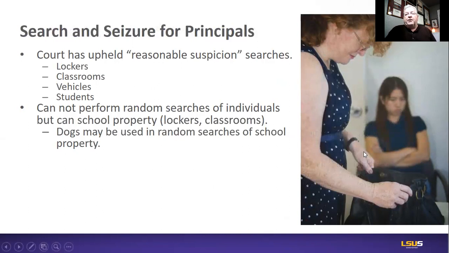Well, school property is things like lockers, classrooms, parking lots. So those things are school property. And so you can perform random searches of those. You cannot perform random searches of individuals.